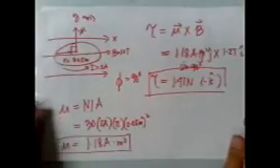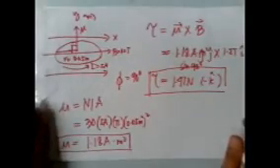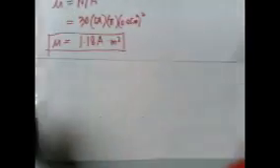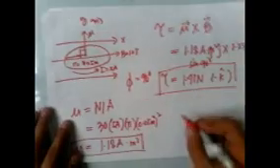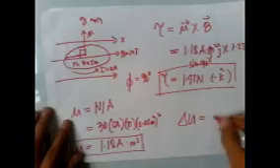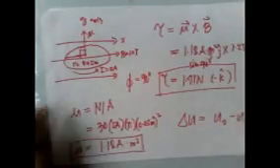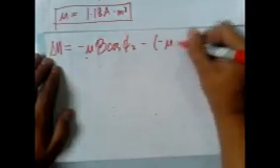Now, in our example above, we need to find the change in potential energy, which is equal to U2 minus U1. So the change in U is equal to negative mu B cosine phi 2 minus negative mu B cosine phi 1.